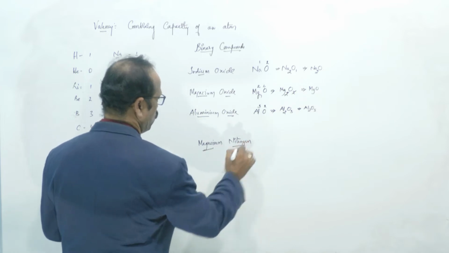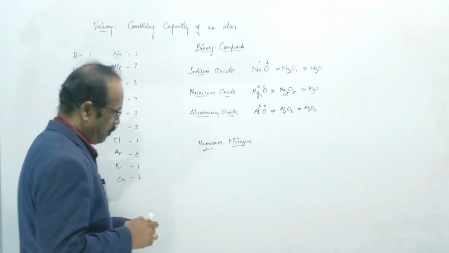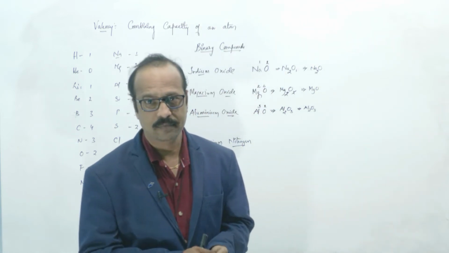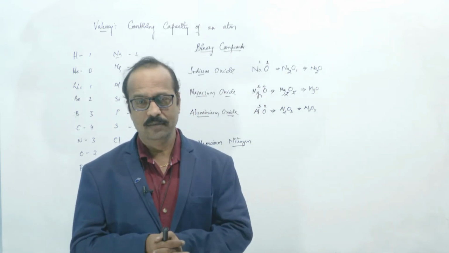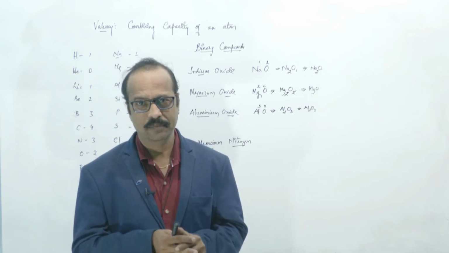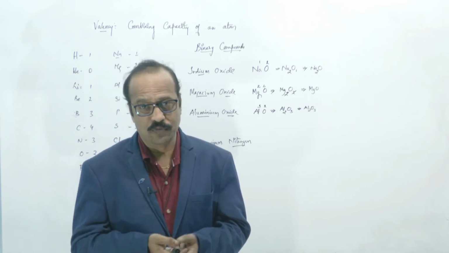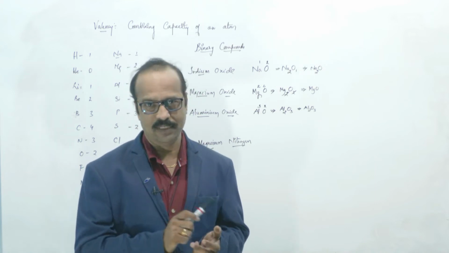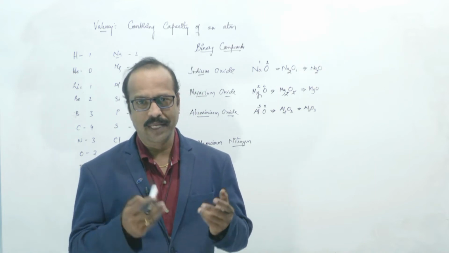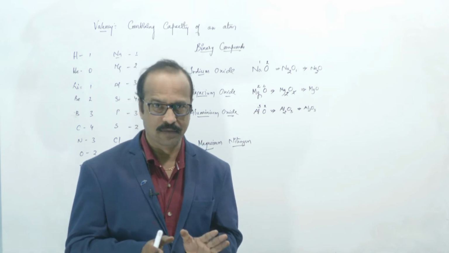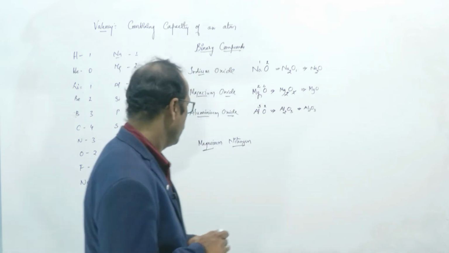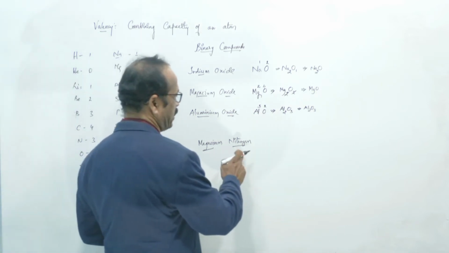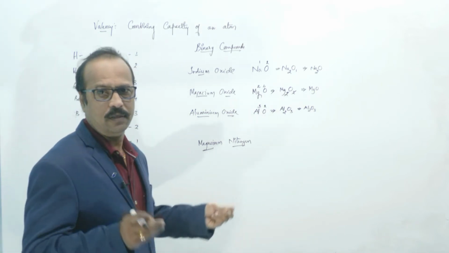I want to know, if I mix magnesium and nitrogen together, if I make them combine, then what compound is formed? What is its formula? And then how can I call it?